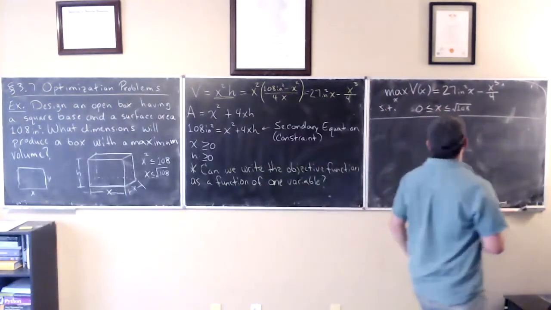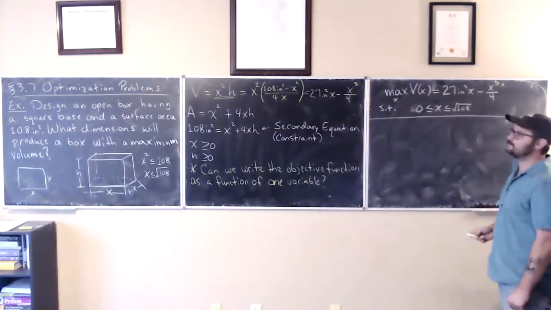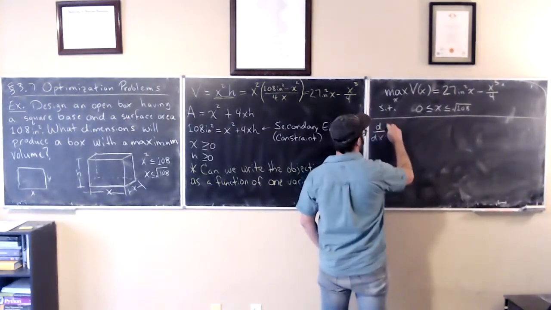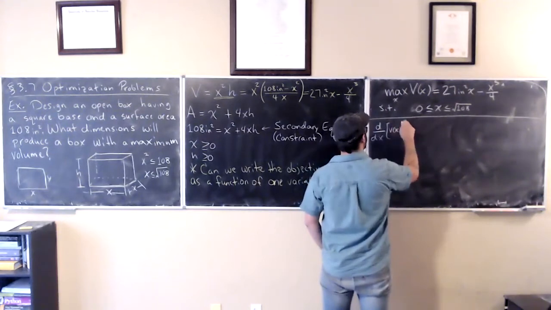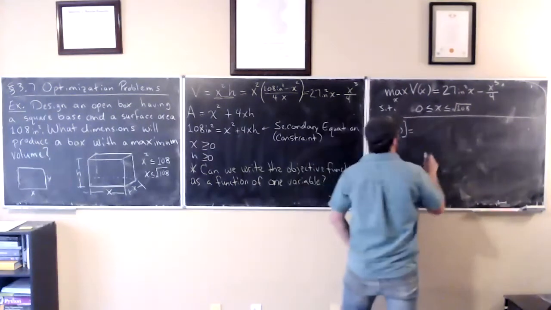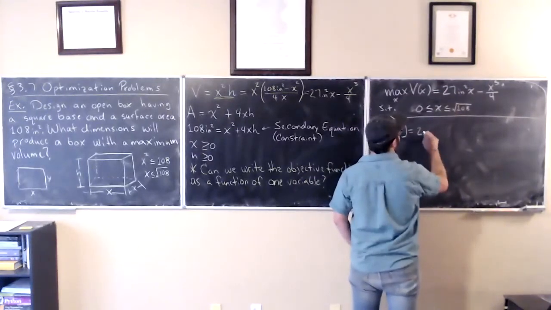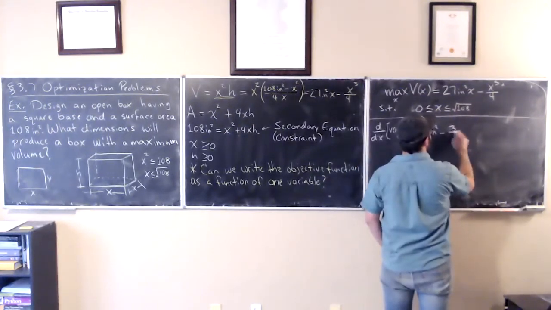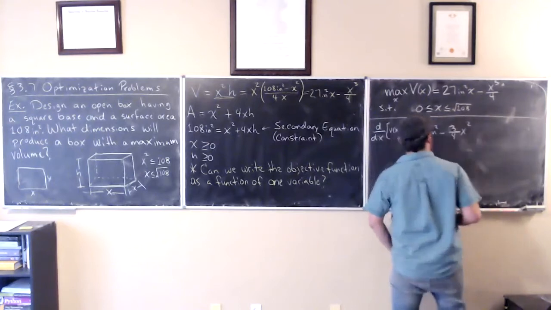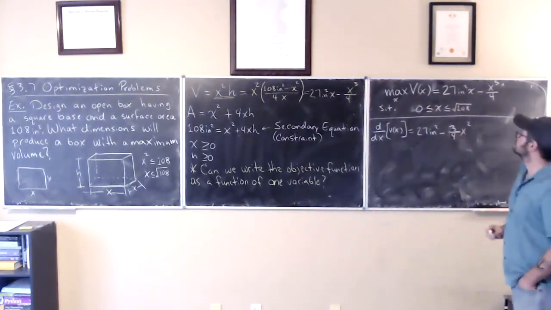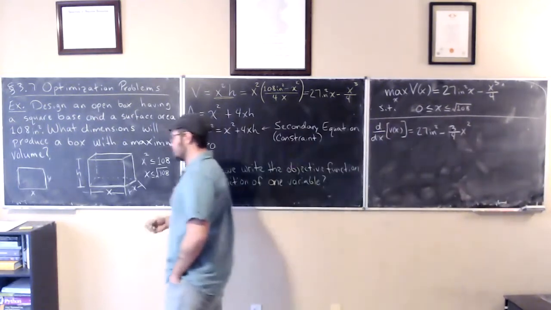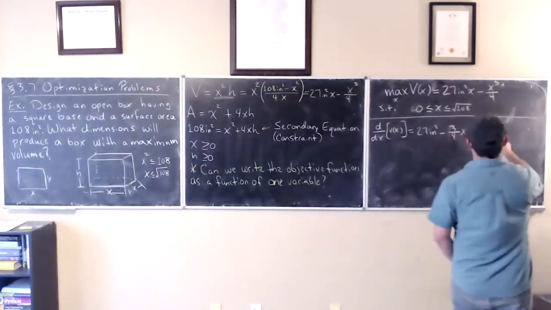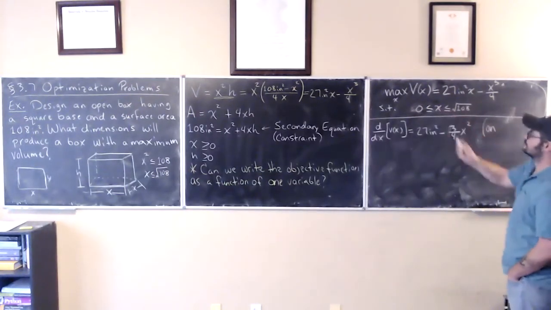So in particular, I need to find the critical points of that function V. So then d/dx of V of x equals, take the derivative. Okay, so now that we have the derivative, and this is defined on, again, we have our constraints on x.